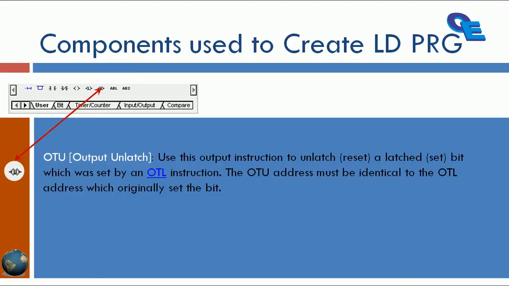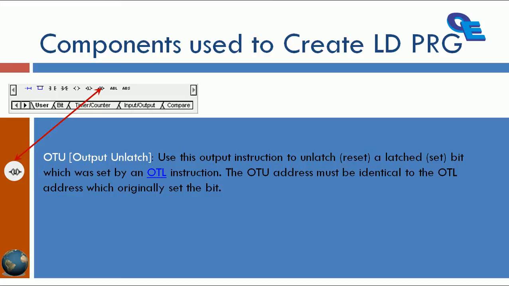Now this is the OTU, output unlatch. To unlatch the OTL we can use this instruction. Use this output instruction to unlatch or reset a latched or set bit which was set by an OTL instruction. The OTU address must be identical to the OTL address which originally set the bit.